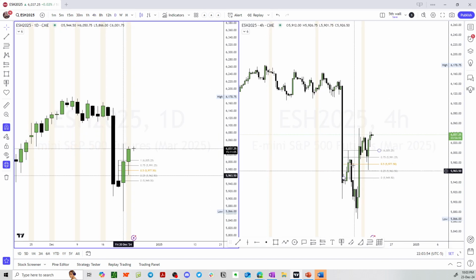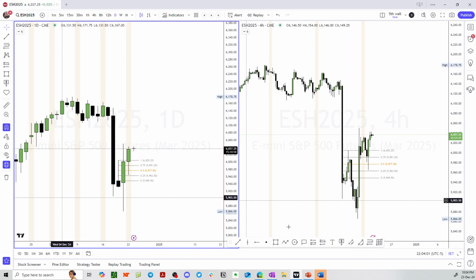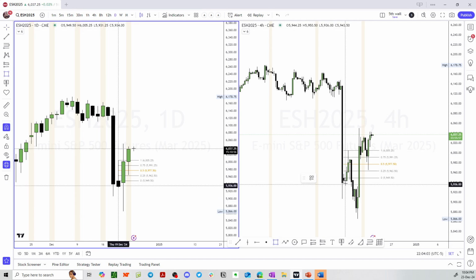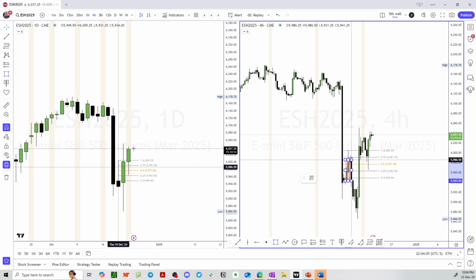Additionally, if you wanted to combine, this would be a logical step down from the daily. And all of this right here would technically be a breaker.